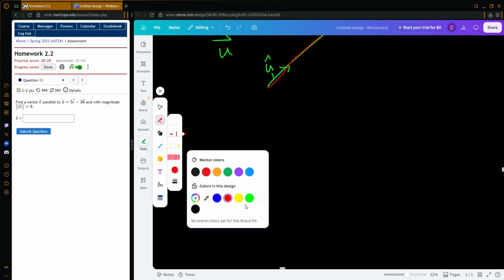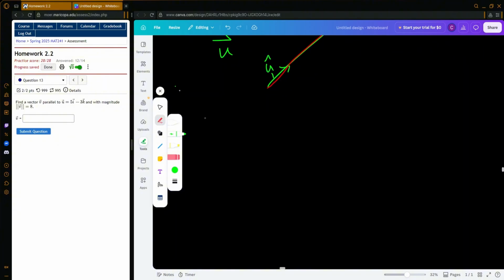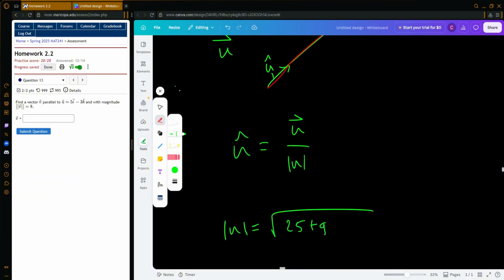So let's do that. Let's find the unit vector of u. To find the unit vector of u, we're going to divide u by the magnitude. So find the magnitude of u, which is going to be 25 plus 9 is 36, which is 6, so the magnitude of u right now is 6.